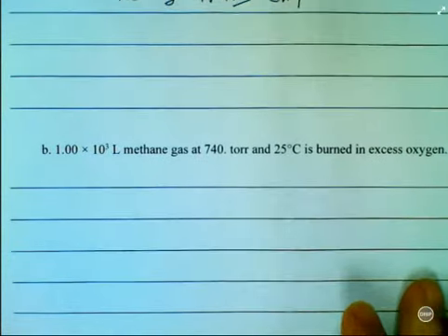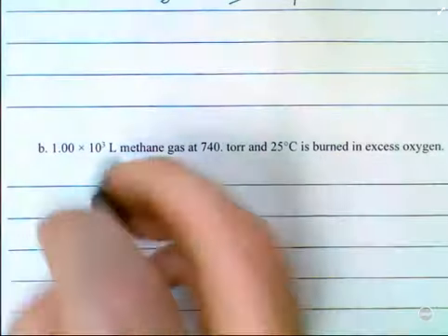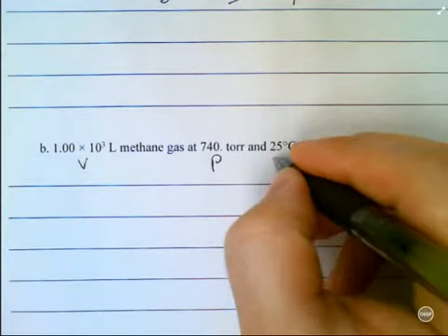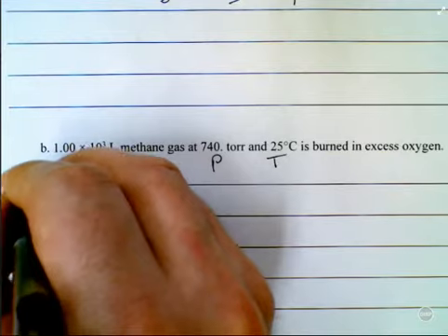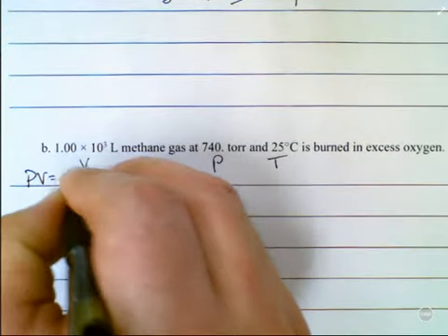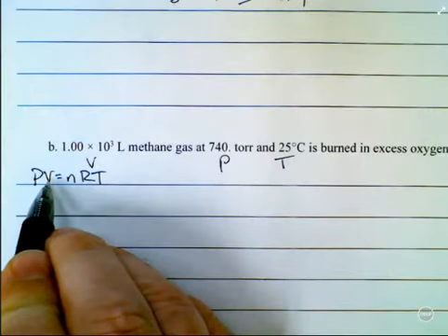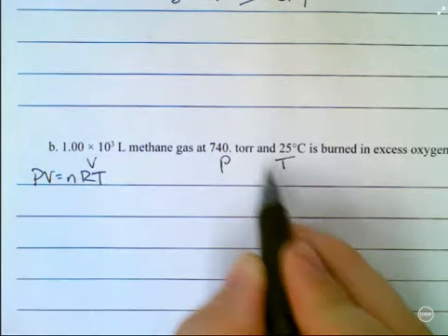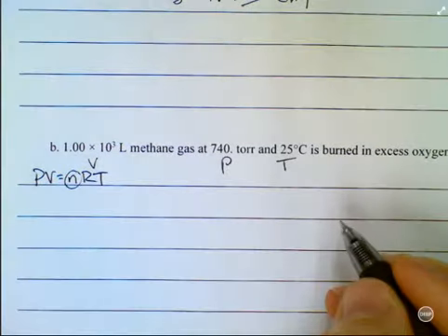Here I don't have how many moles are being combusted, but I have volume, I have pressure, and I have temperature. I hope these terms look somewhat familiar because they are the terms used in the ideal gas law. So I can plug all of these into PV equals nRT and solve for n, which represents number of moles.